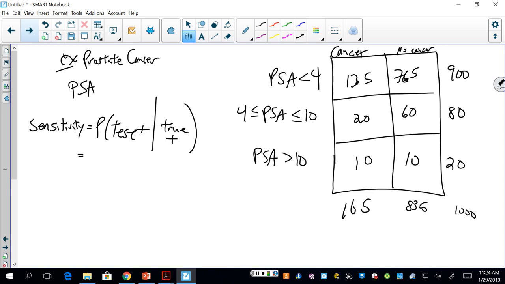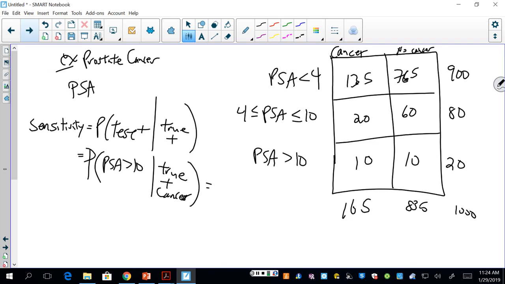So we have a couple ways of deciding a test. So you measure PSA level. Let's say a positive test is that a PSA level is greater than 10. And the true positive in this case is that the individual actually has prostate cancer.